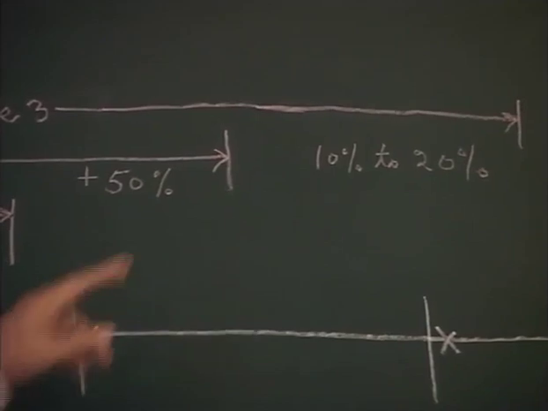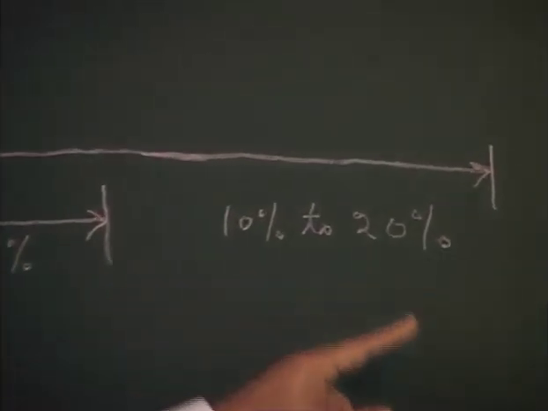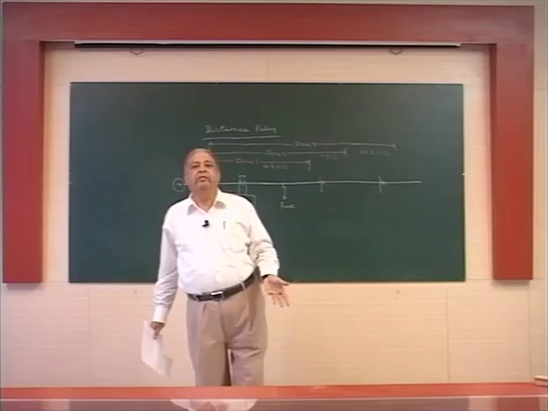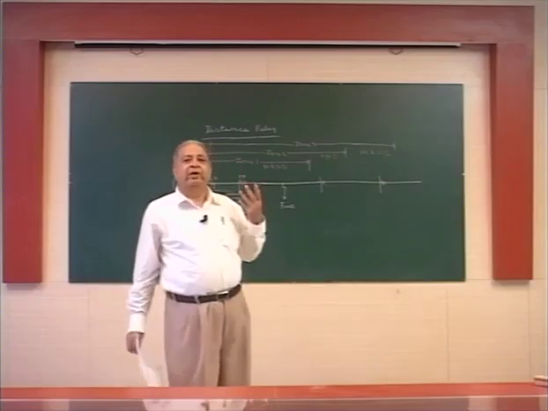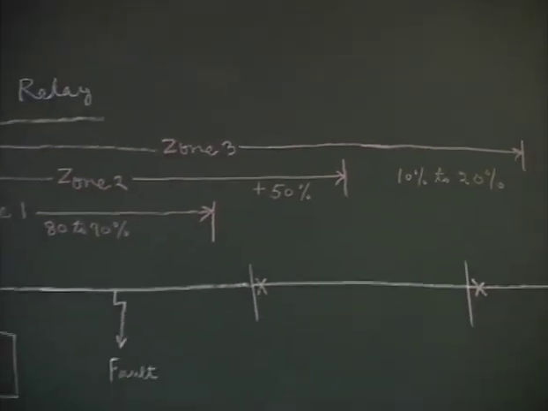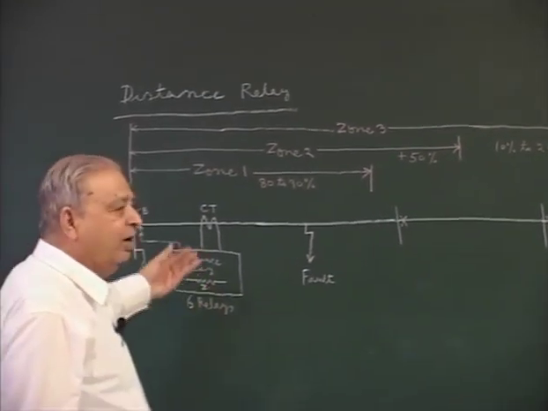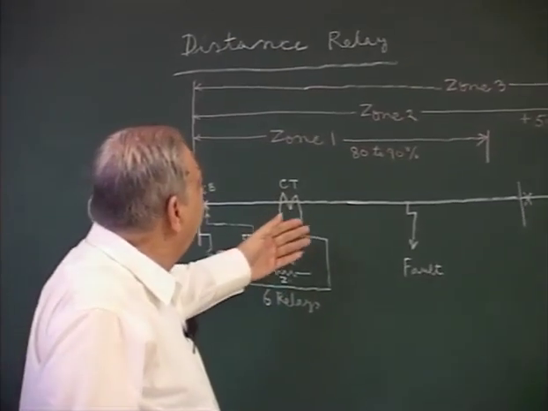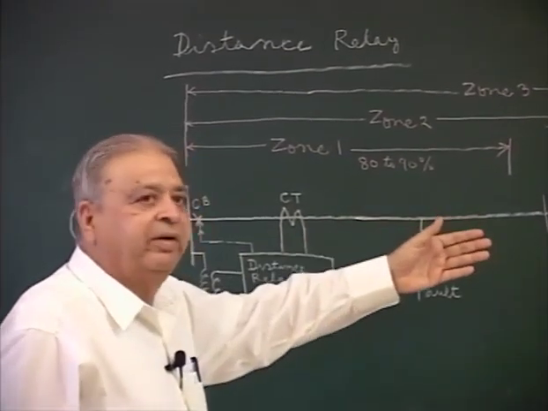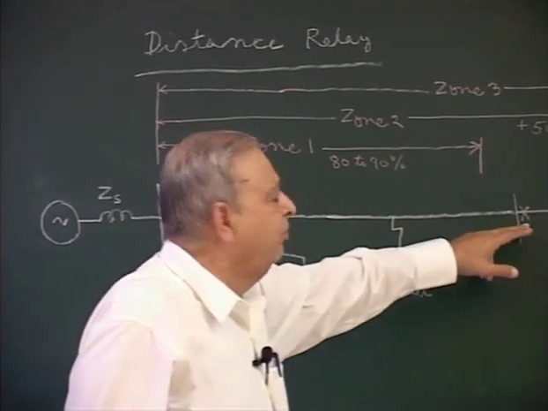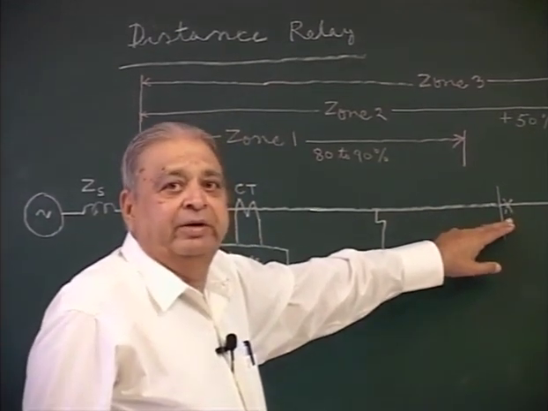So up to this zone 2 and plus additional 10% to 20% of the third line after more time delay. So near fault, it operates quickly without any intentional time delay, and for the faults beyond it, it will give time for this relay to respond and protect.